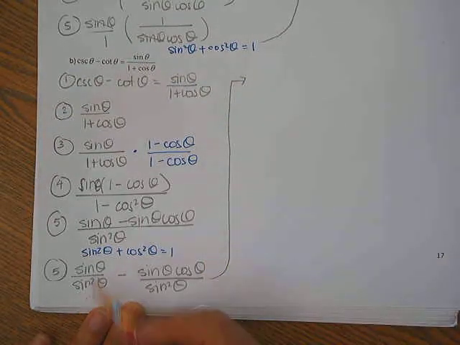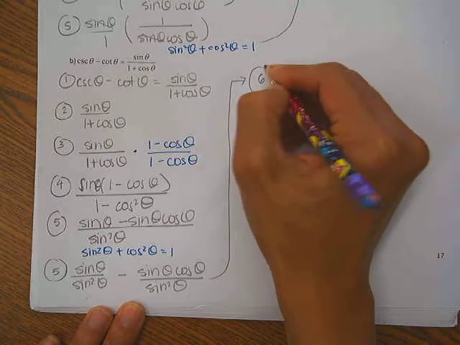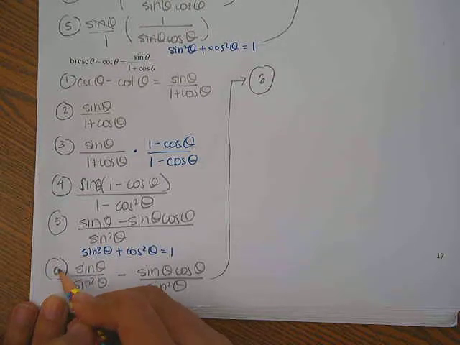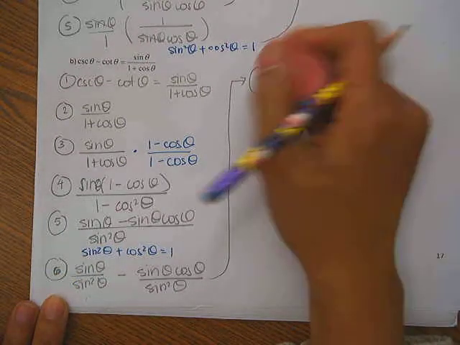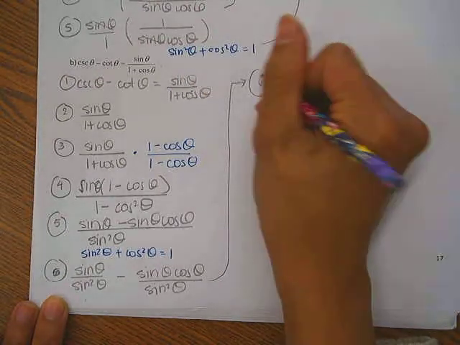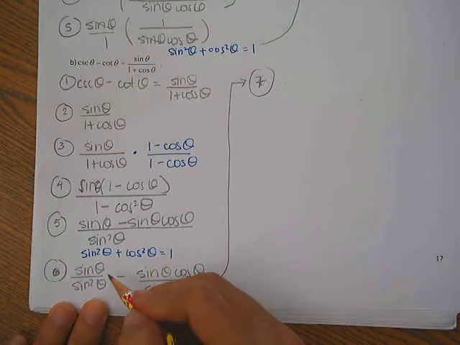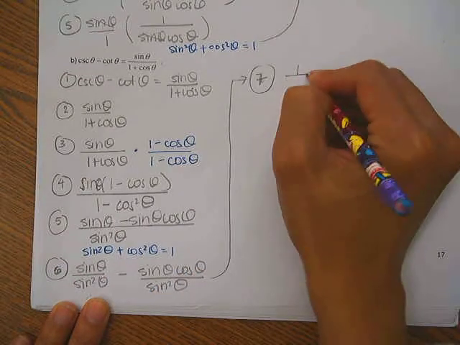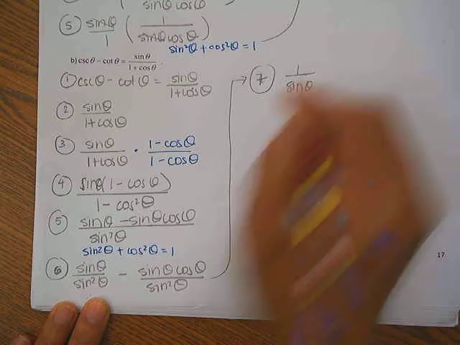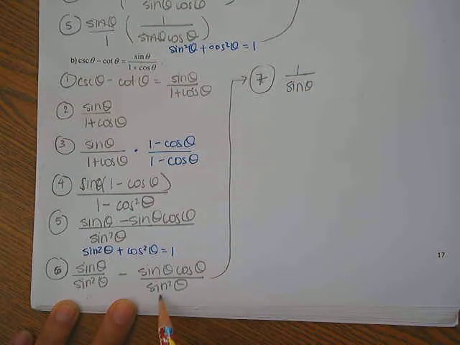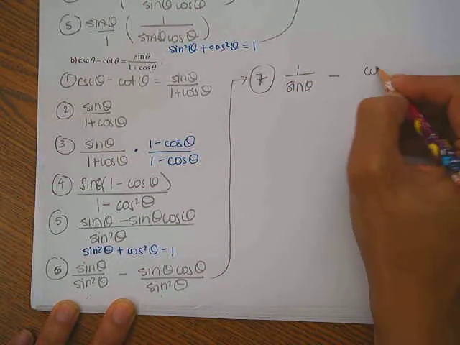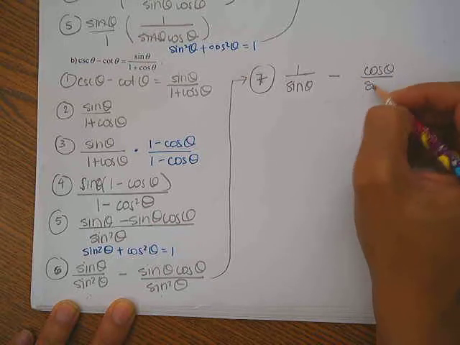So from here I'm going to reduce. So that's step 5, this is 6, so this is 7. Step 7, I'm going to reduce to 1 over sine of theta. One of these is going to cancel, so minus cosine of theta over sine of theta.